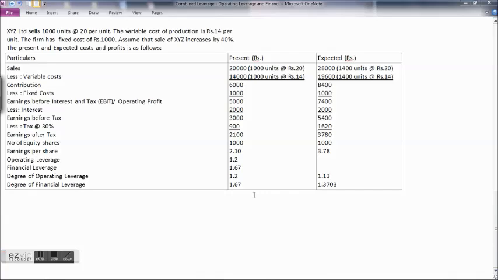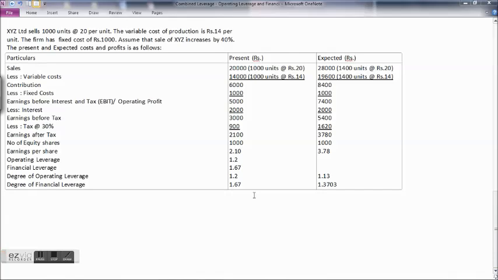So present and expected. Sale is 20,000, that is 1000 units into rupees 20, and expected sale is 28,000, that is 1400 units at the rate of rupees 20. Then less variable cost 14,000, that is 1000 units at the rate of rupees 14 per unit. Then 19,600, 1400 units at the rate of rupees 14 per unit.